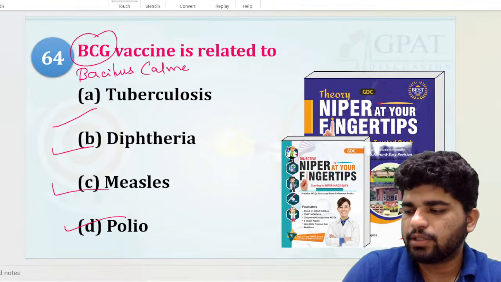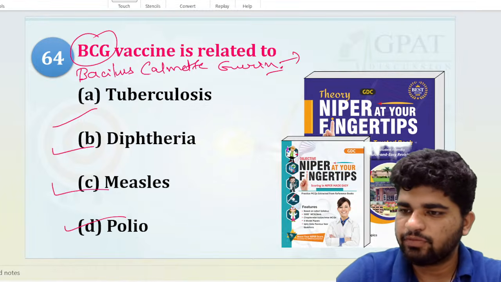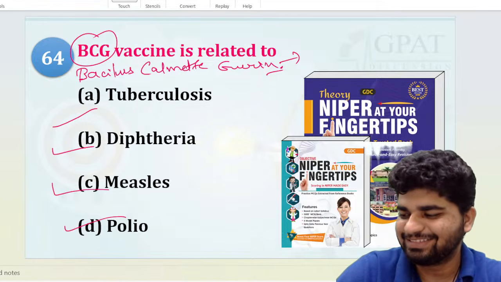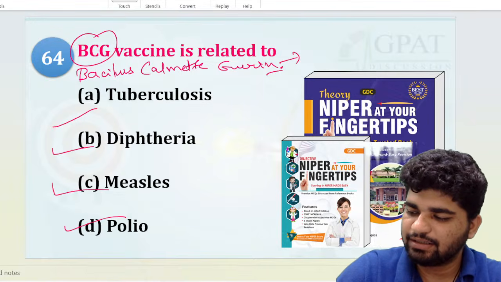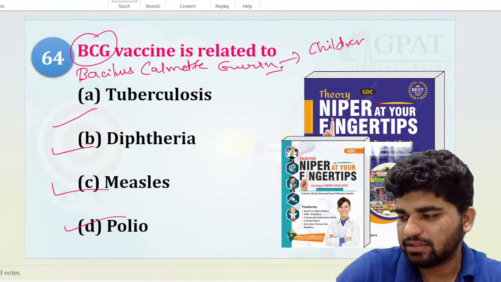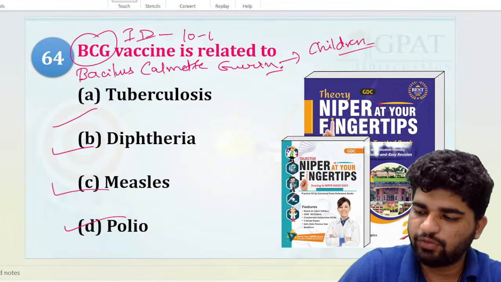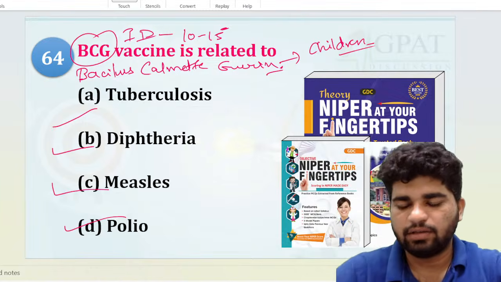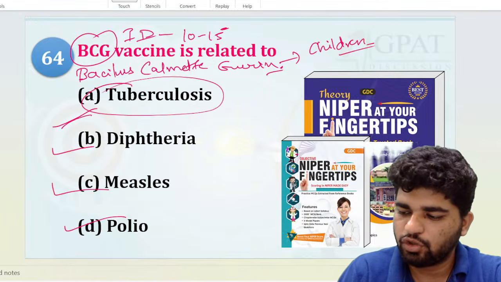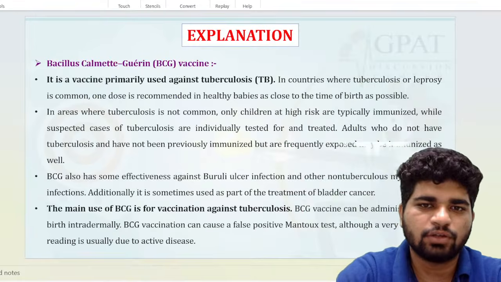It is given to newborn babies through the intradermal route at 10 to 15 degrees, raising up a bleb in the skin. That's for tuberculosis only. Yes, tuberculosis is the correct answer.